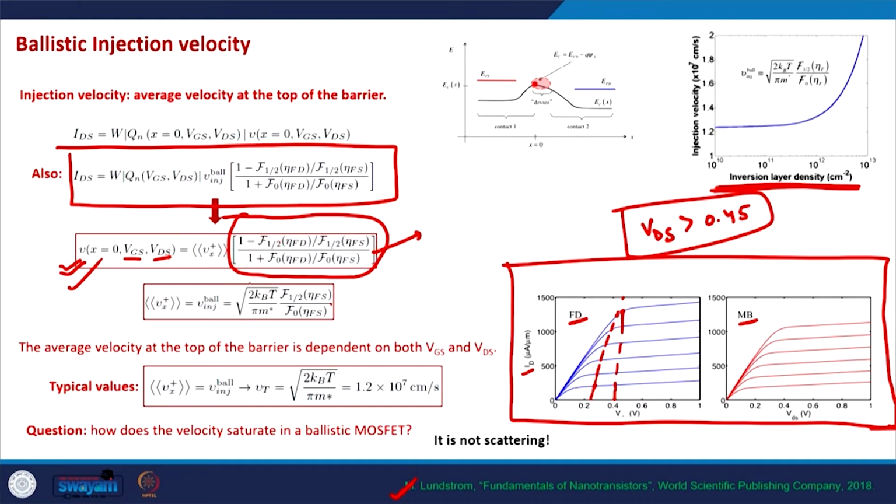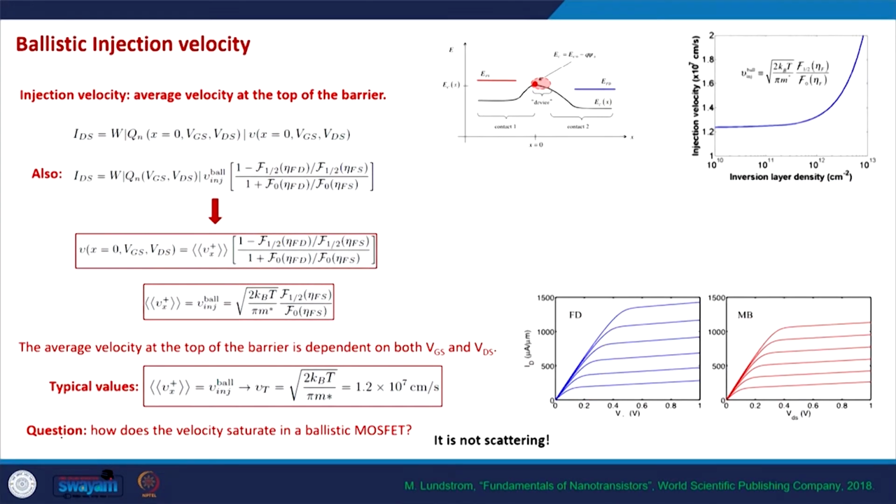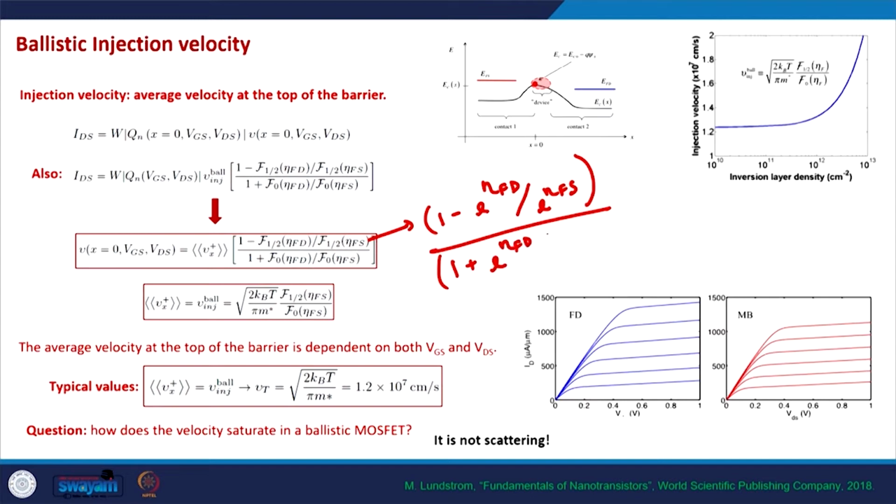As you can see, on the numerator we have the Fermi-Dirac integral of order half, eta f d, so it can be approximated by 1 minus exponential eta f d divided by exponential eta f s, and the denominator is 1 plus, this is F0 of eta f d, exponential eta f d divided by exponential eta f s.